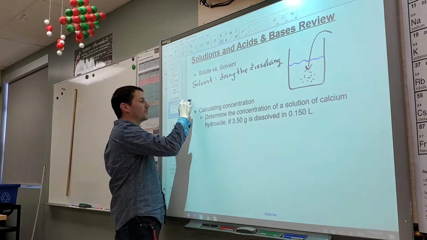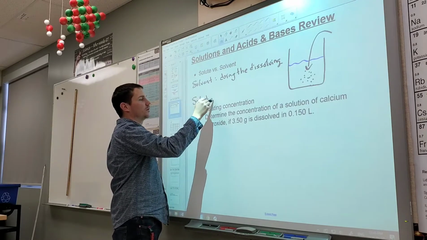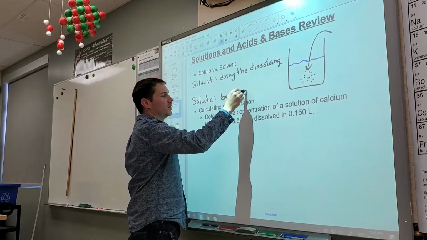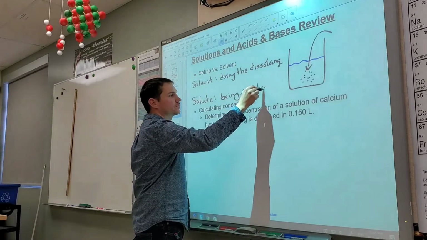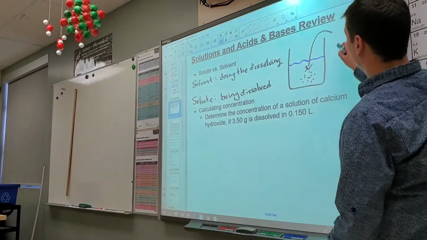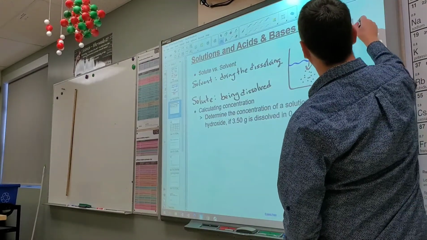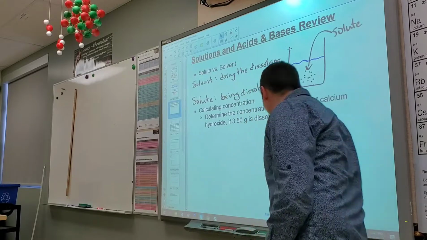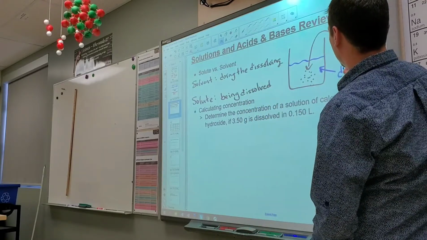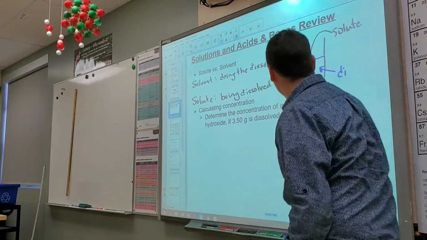The solute is being dissolved. So that solid is the solute, and whatever the liquid or the gas that is doing the dissolving, that's the solvent.